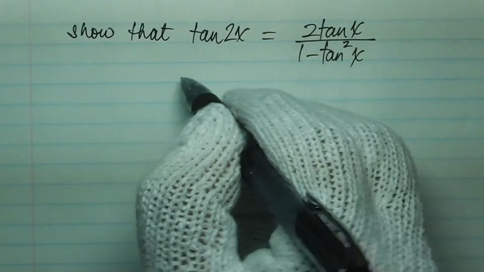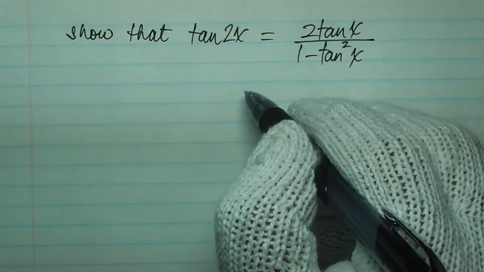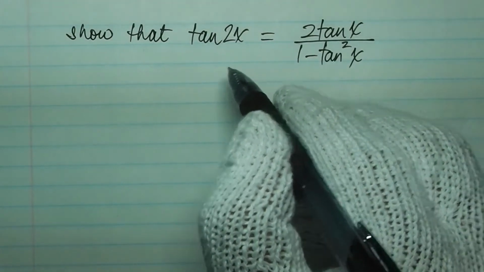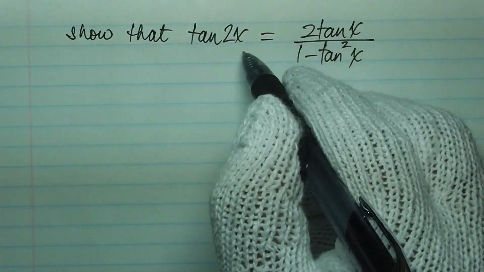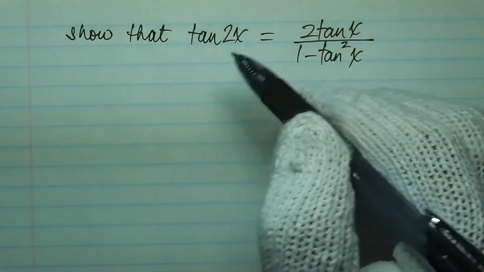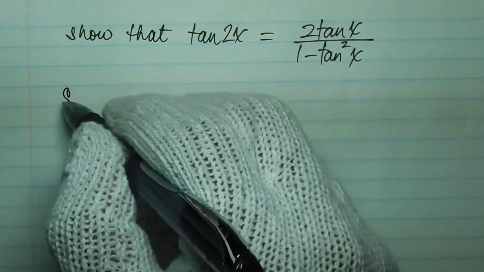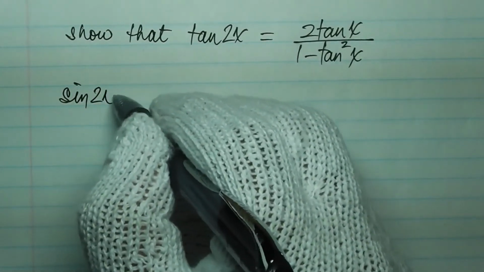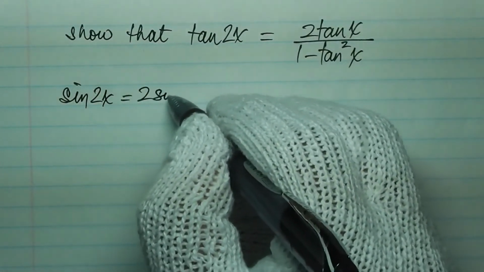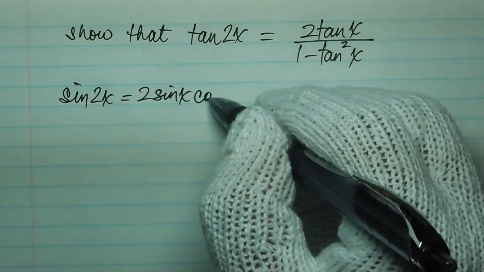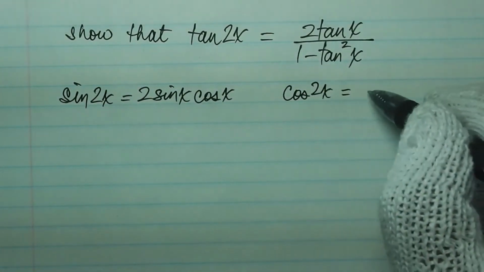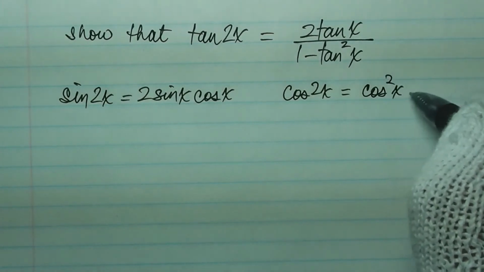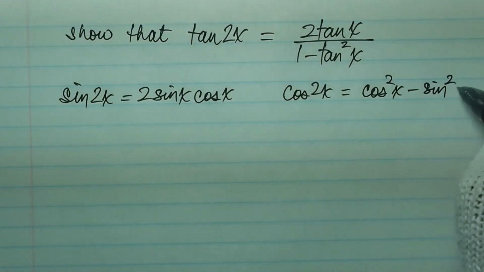Remember that tan x is the same as sine x over cos x, and tan 2x is the same as sine 2x over cos 2x. So remember that sine 2x is equal to 2 sine x cos x, and cos 2x is equal to cos squared x minus sine squared x.